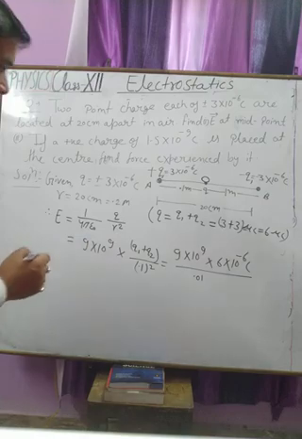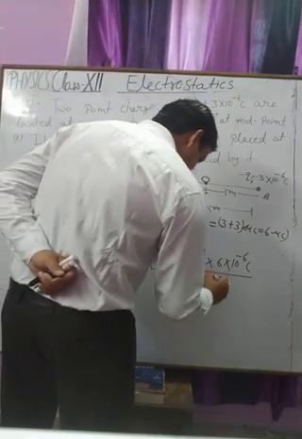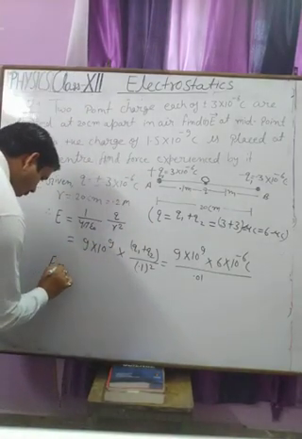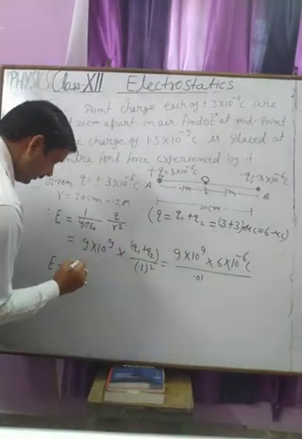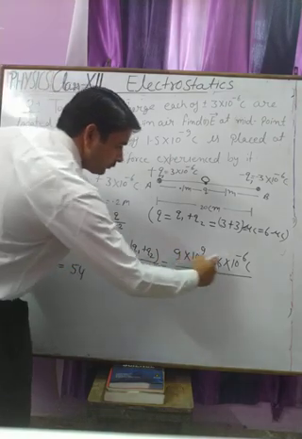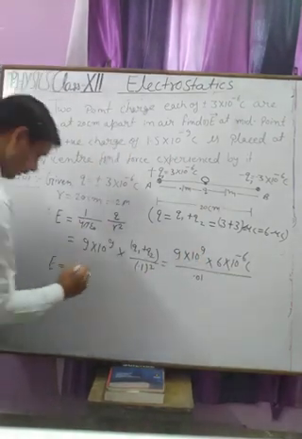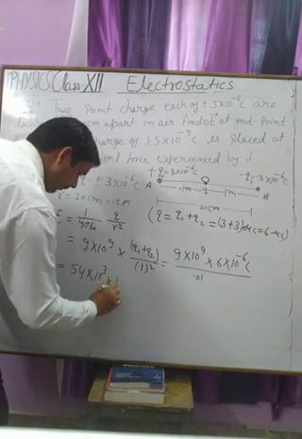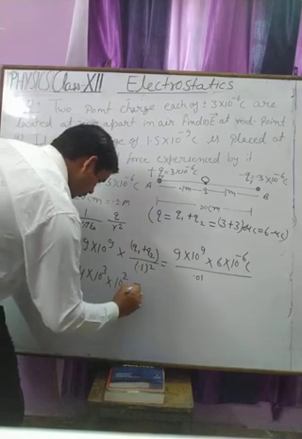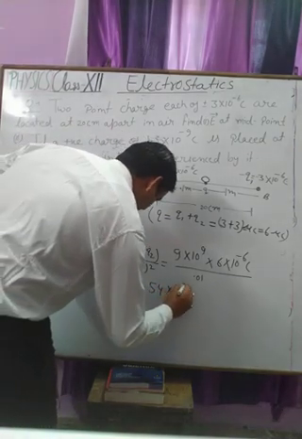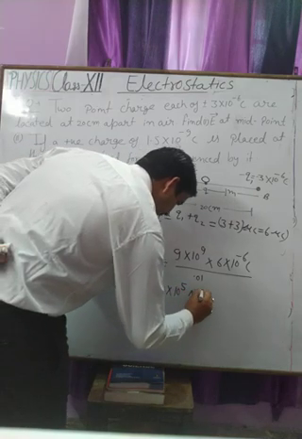So the electric field at the point is 9 into 6 is 54, into 10 to the power 3, and from the denominator we have 10 to the power minus 2. So the field is 54 into 10 to the power 5 Newton per Coulomb.